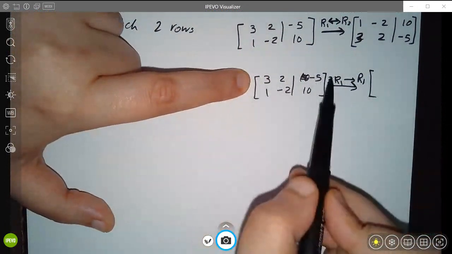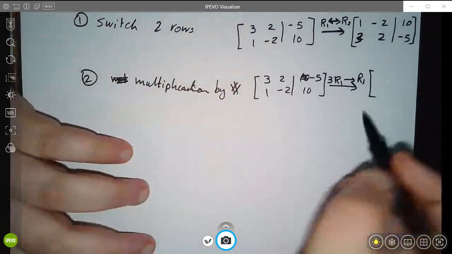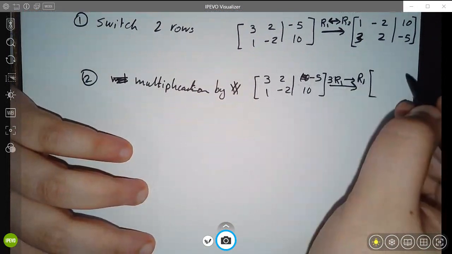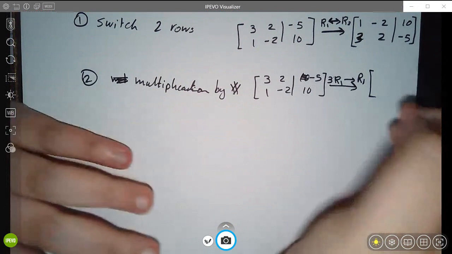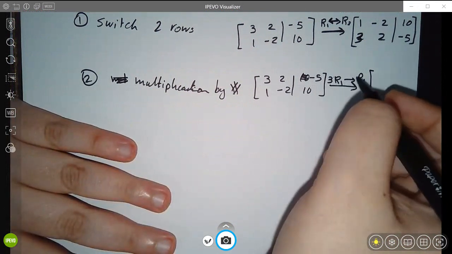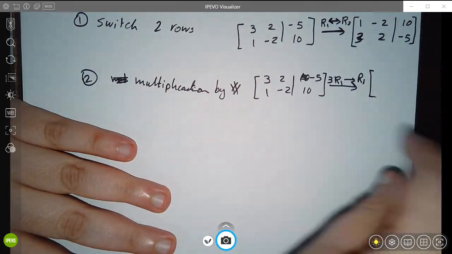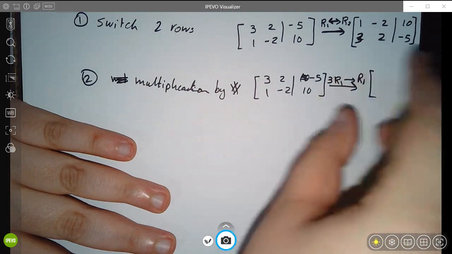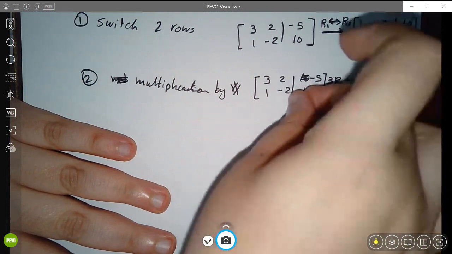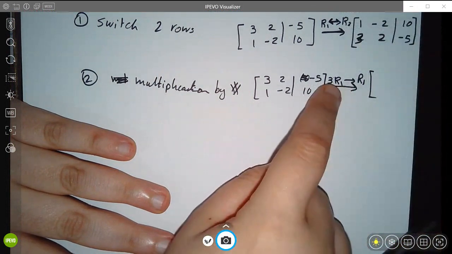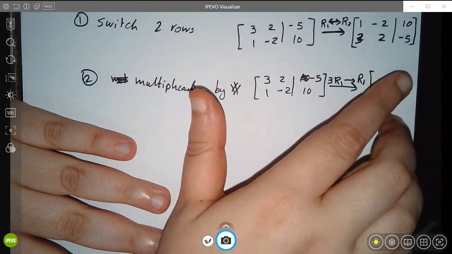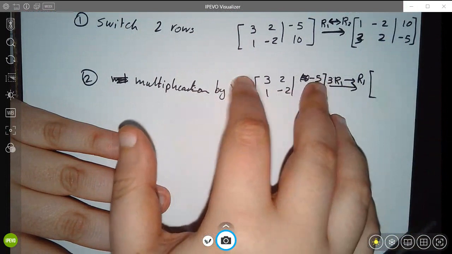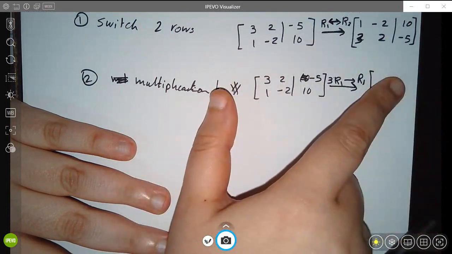What that means is that I'm grabbing the first row, multiplying it by 3. So each value in here is going to get multiplied by 3. Now, I've been asked before, why don't we write R1 turns into 3R1? It's because each R1 you see here is associated to the matrix right next to it. So if I say that the 3R1 is right here, that means I'm technically dividing it by 3, because this one would be 3 times bigger than that one. Does that make sense?